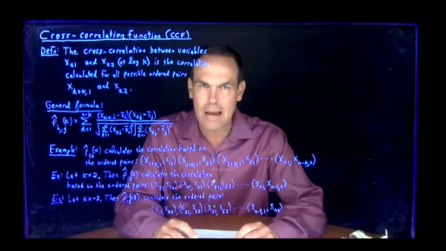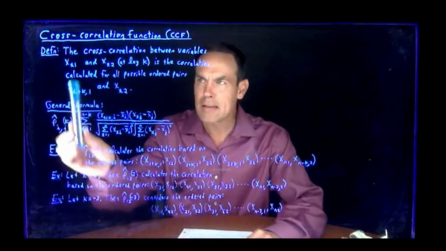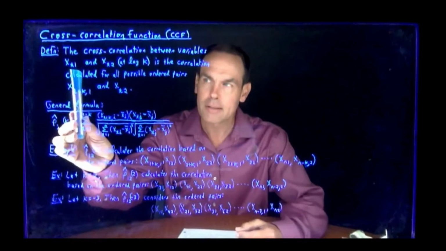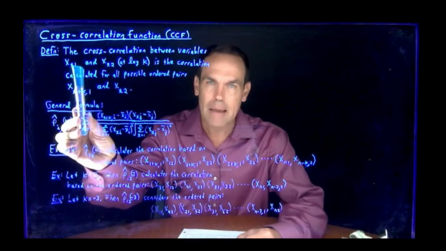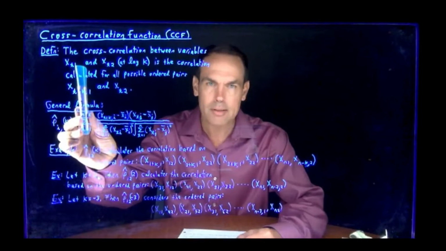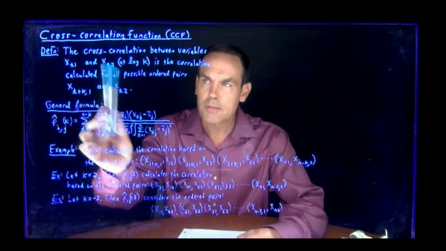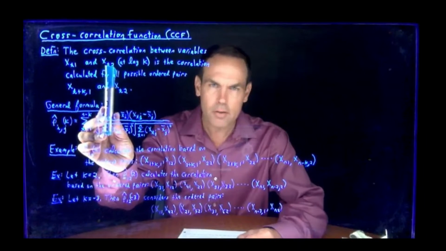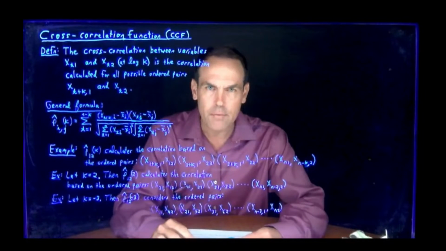Remember, in this chapter, the first subscript, t, represents time, and the second subscript represents the variable number. And for x_t2, the first subscript represents time, the second subscript represents the second variable.